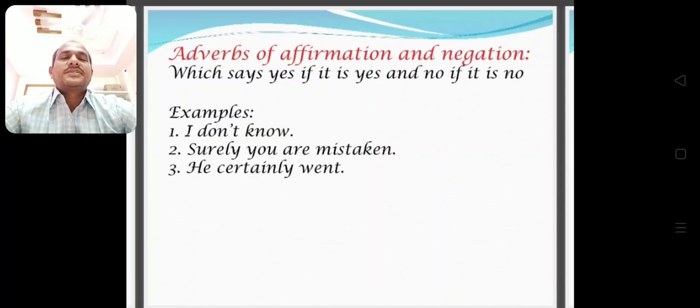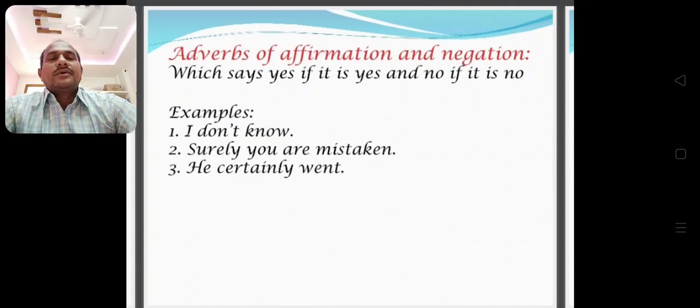If anybody asks something and we reply I don't know, here it shows no. Surely you are mistaken. He certainly went. These are the examples of adverbs of affirmation and negation.